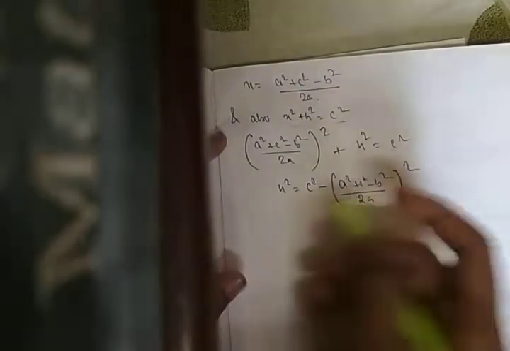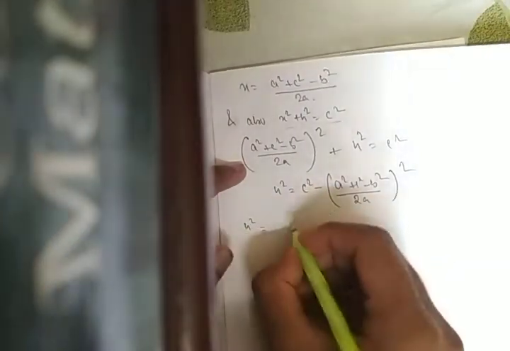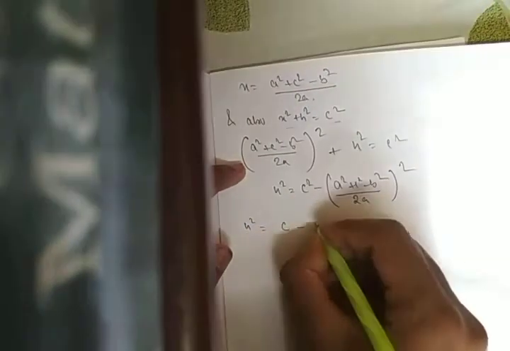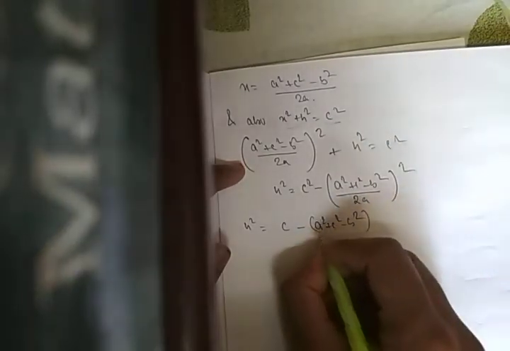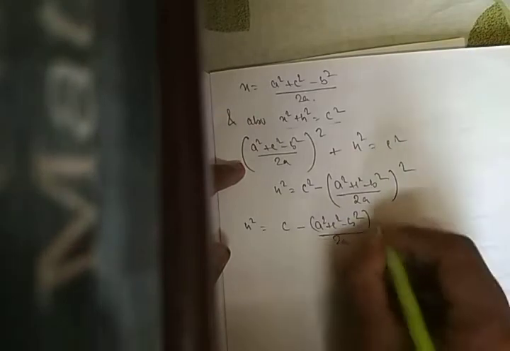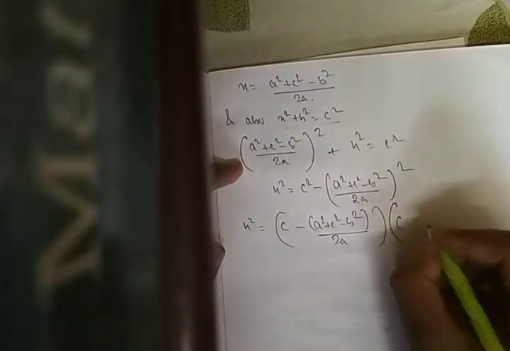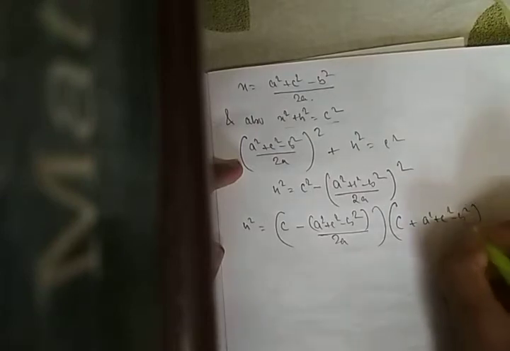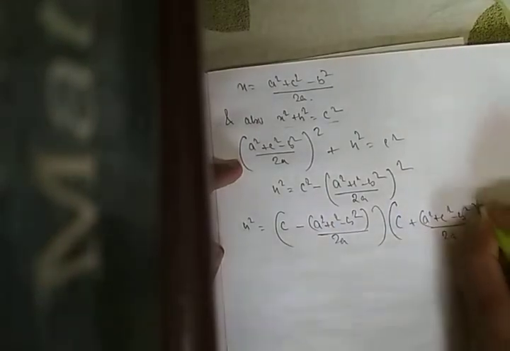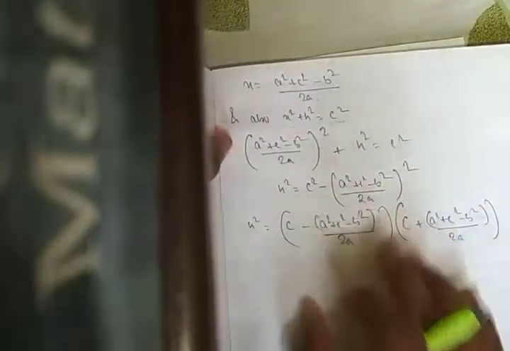So h square turns out to be (c minus (a square plus c square minus b square) by 2a) times (c plus (a square plus c square minus b square) by 2a), using a square minus b square equals (a plus b)(a minus b).